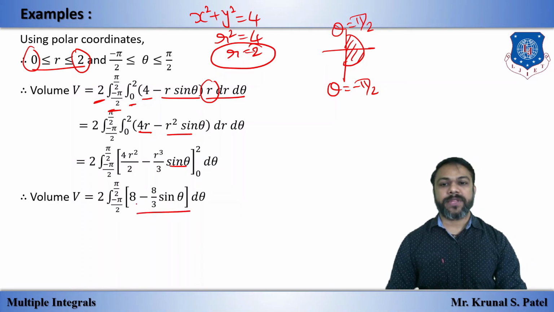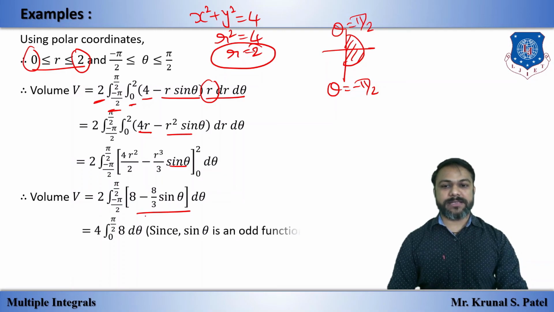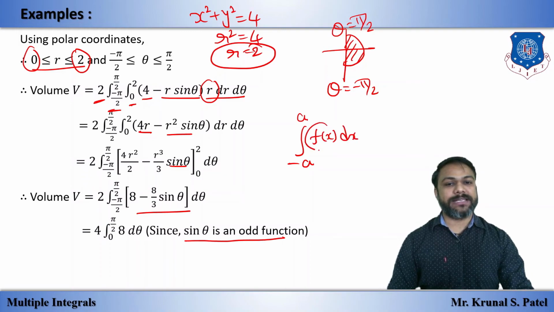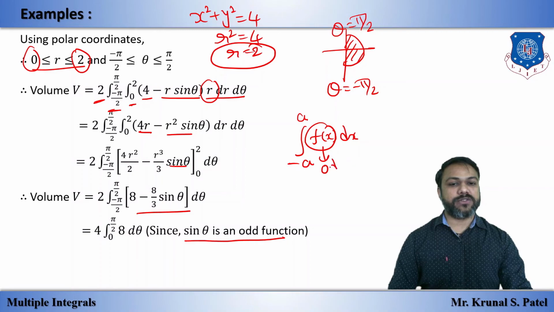Now to integrate this, we know that sine theta is an odd function, and if we have limits minus to plus and f of x dx, if f of x is odd, that integration will be 0. So this is 0.